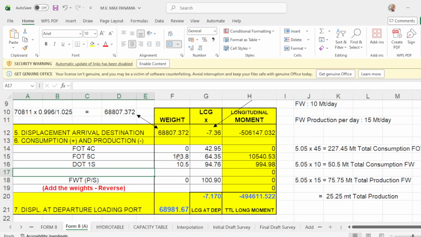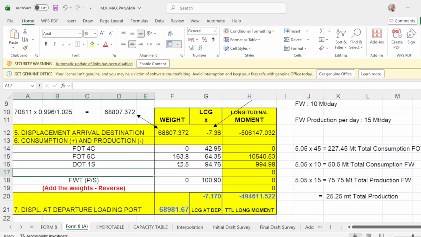So these are all positive. Here, consumption is positive and production is negative. Since you are consuming from New Orleans to Panama, just follow this sign here, consumption is positive.